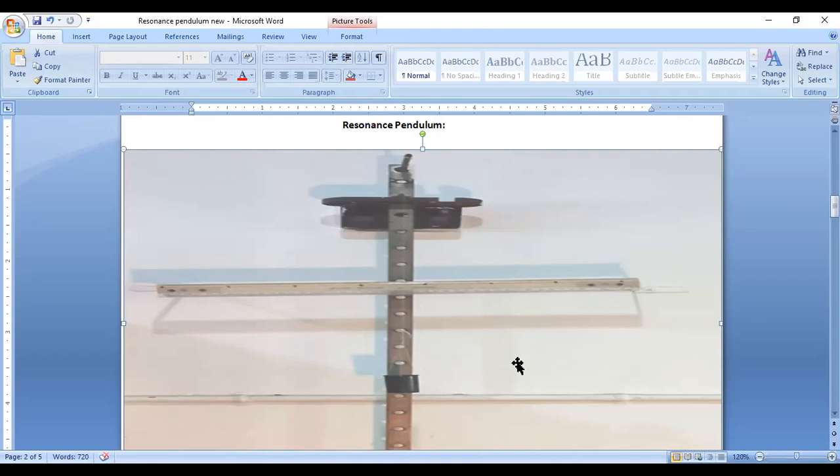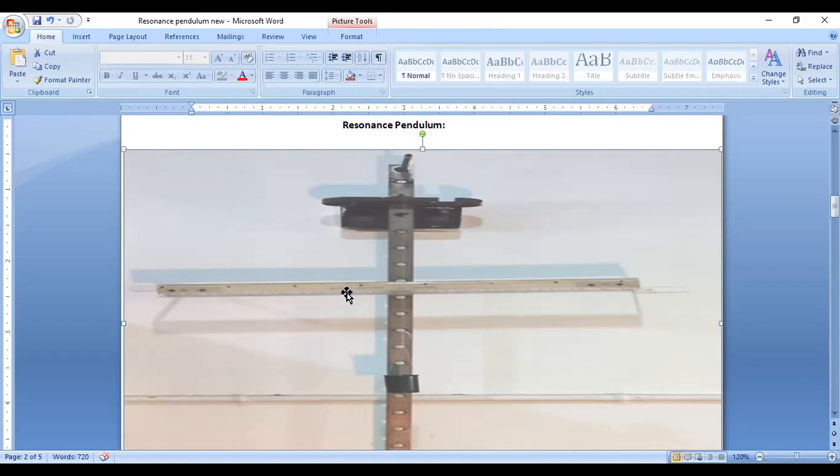Now we want to understand a very important concept, that when the periodic time of the bar pendulum is equal to the periodic time of the simple pendulum, when the periodic time of both the pendulums becomes equal, then the amplitude of the simple pendulum will be maximum, which you can observe on the scale which is attached behind the simple pendulum, which you can see here.